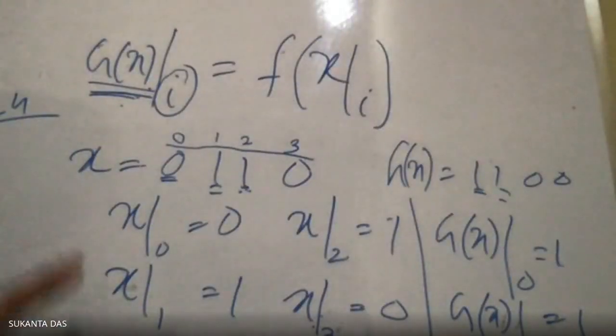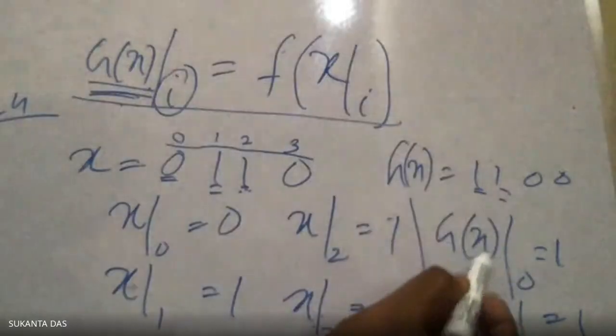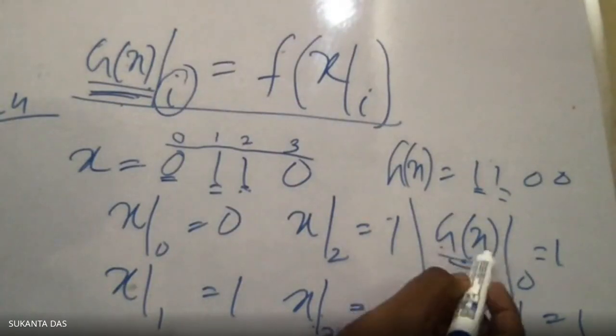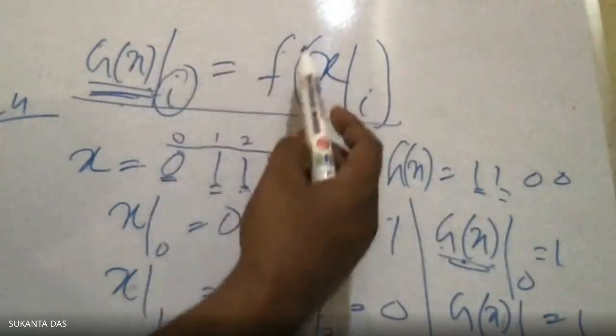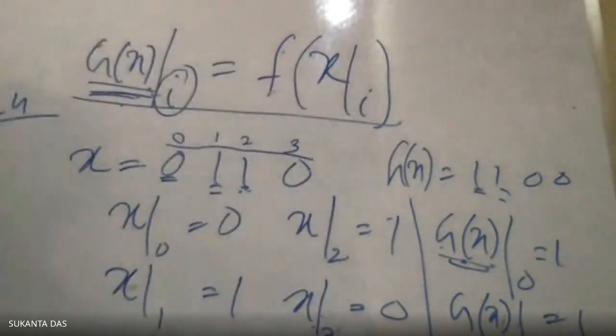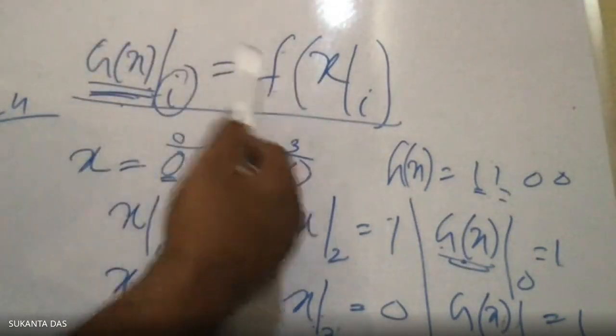So what am I saying here? That I am getting g of xi by just applying f over this xi. So what is the meaning of this?